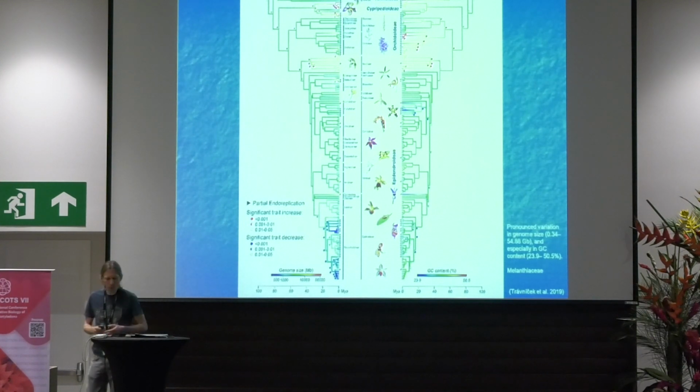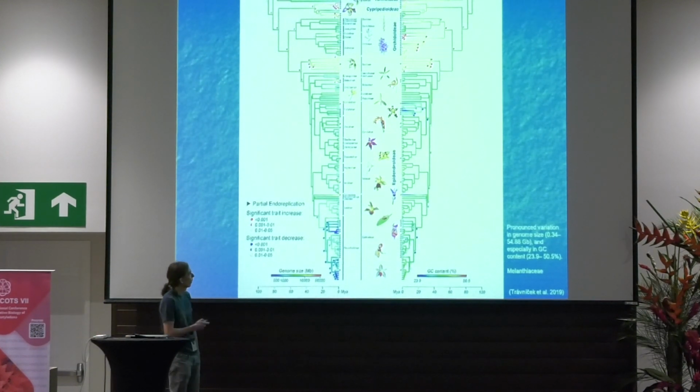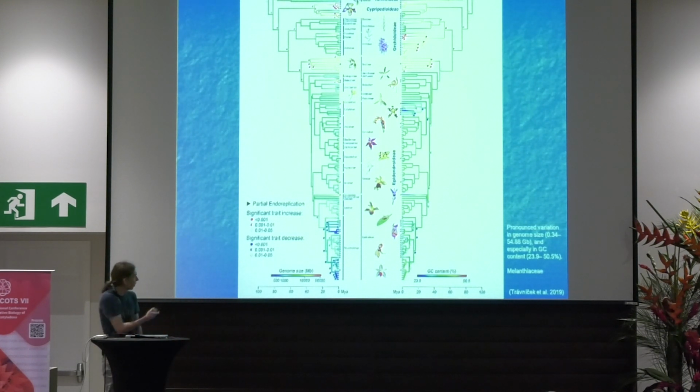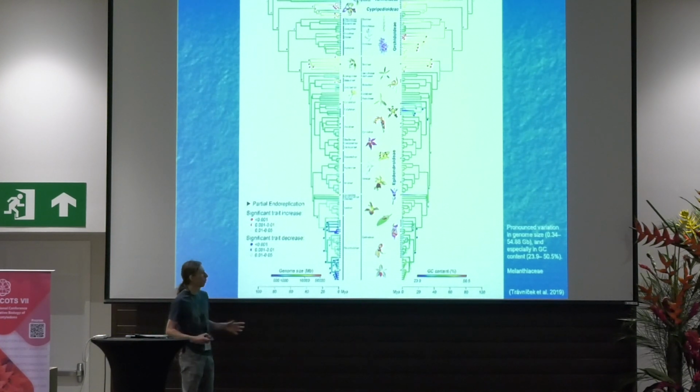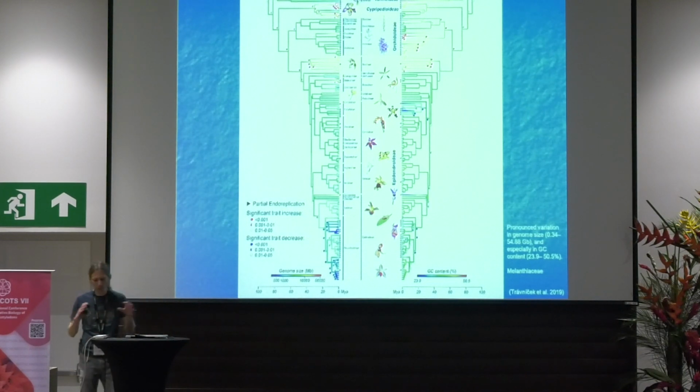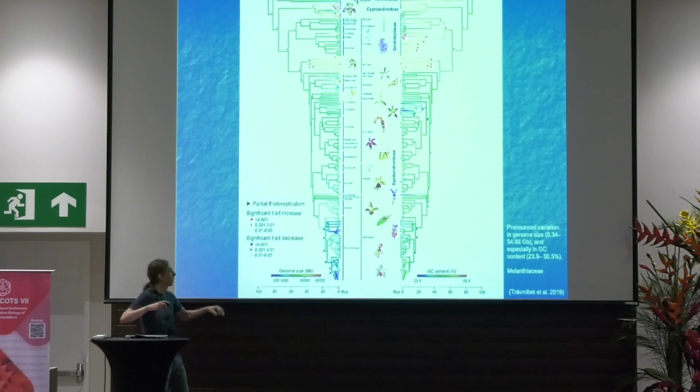And maybe for this introduction, it can be interesting to highlight that orchids are one of the most variable plant families with respect to genome size, and they are absolutely the most variable in GC base pair content. They are pushing limits for whole angiosperms on both sides. They are exceeding these limits. So it's really something extraordinary.